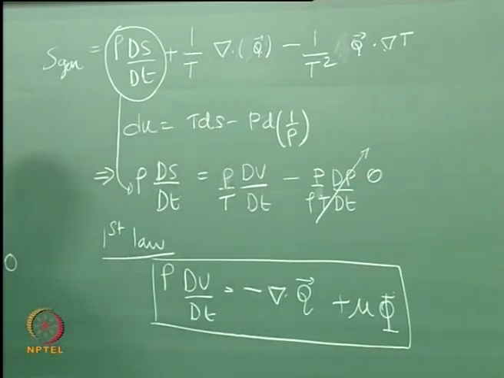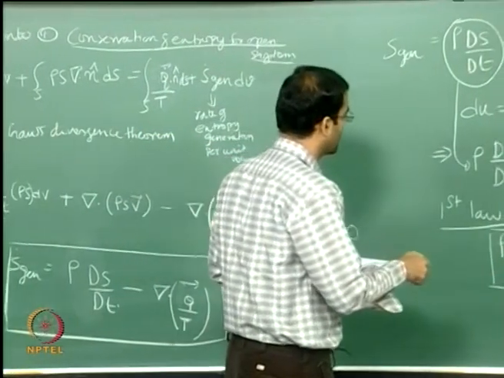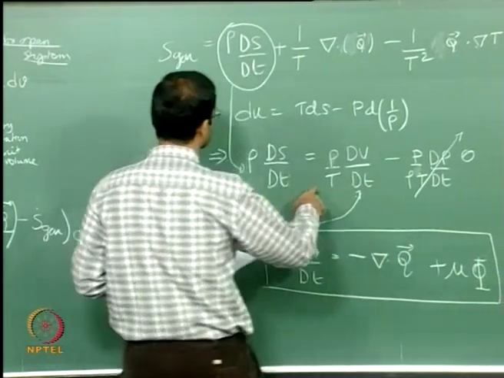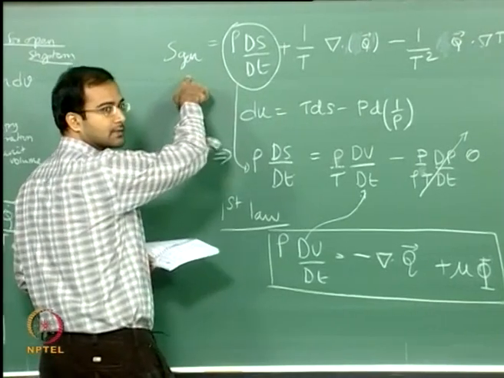So what I am going to do now is to substitute for rho du by dt from this expression into this, and this I am going to substitute into this.